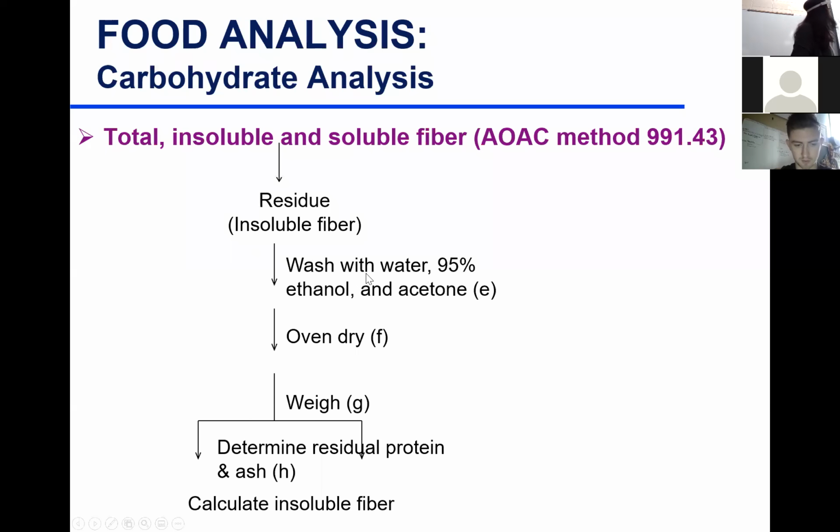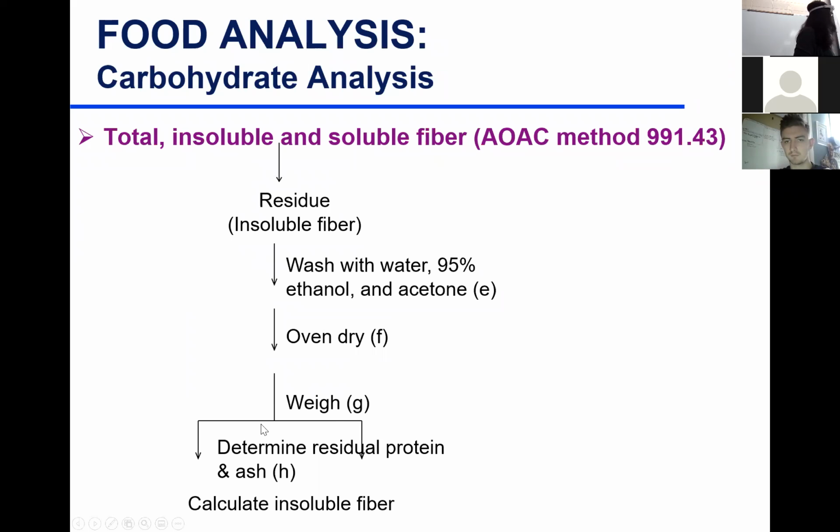So let's see what we can do with the insoluble residue. The insoluble residue contains our insoluble fiber. I get the residue and wash it with water, ethanol, and acetone to get rid of anything other than my insoluble fiber. Dry, I take the weight.